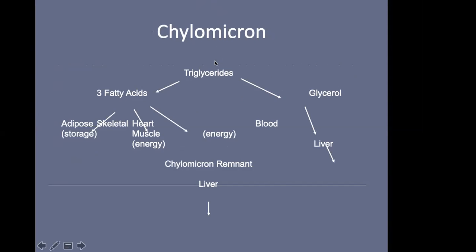This is a simple schematic diagram of chylomicron. Chylomicron contains triglyceride. Either this triglyceride goes for the preparation of fatty acids, or it goes to the liver for various metabolic functions.